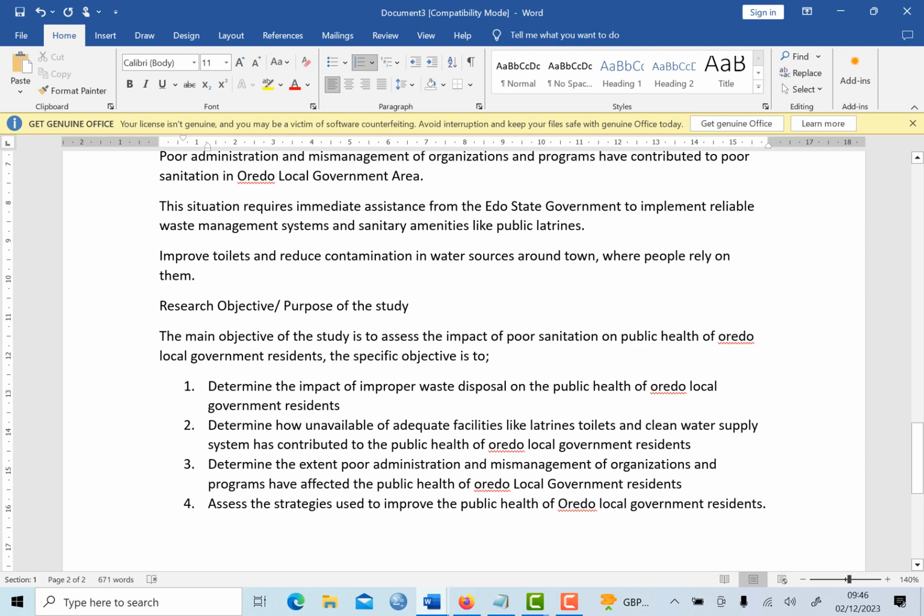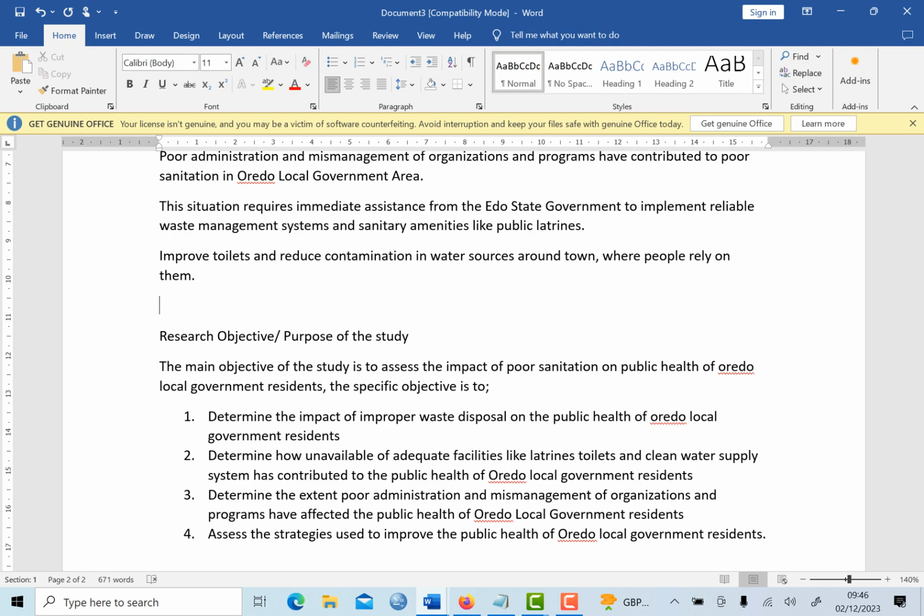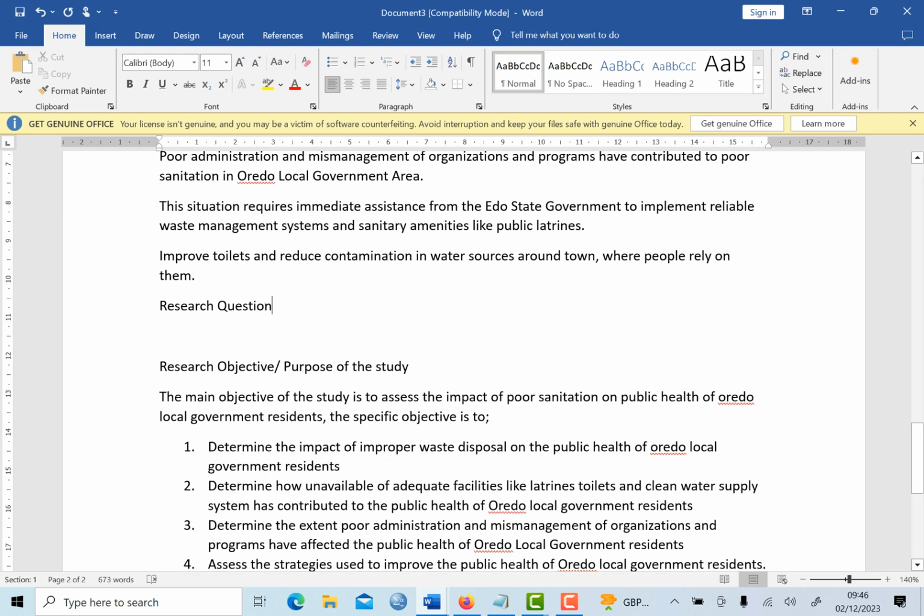So you develop this, then the next thing is research question. But mind you, the standard arrangement for a project now is that research question comes up, but you must first of all develop your objective, anyone you want to do.